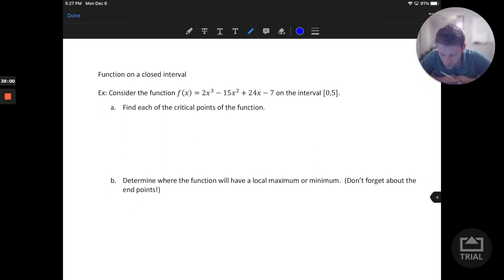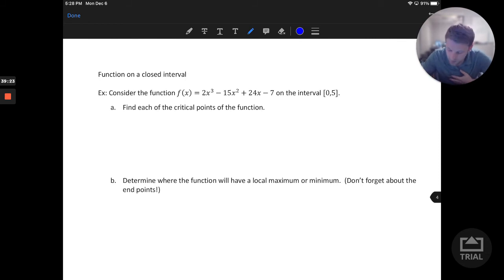So let's go ahead and consider this function on a closed interval. So we have an f of x function. This is a cubic function on the closed interval from 0 to 5. So first, let's consider what are our critical points specifically over that interval 0 to 5.